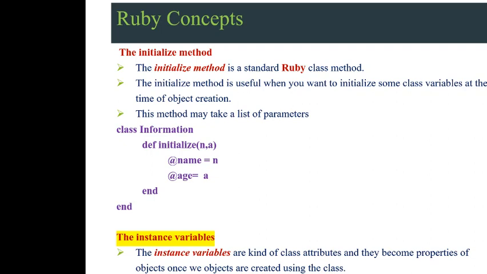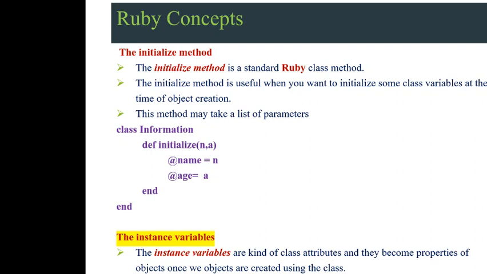So the instance variables are like class attributes or properties. You can call them properties. So if I go back to my example here, oh, I have another example here, so we'll work with it.